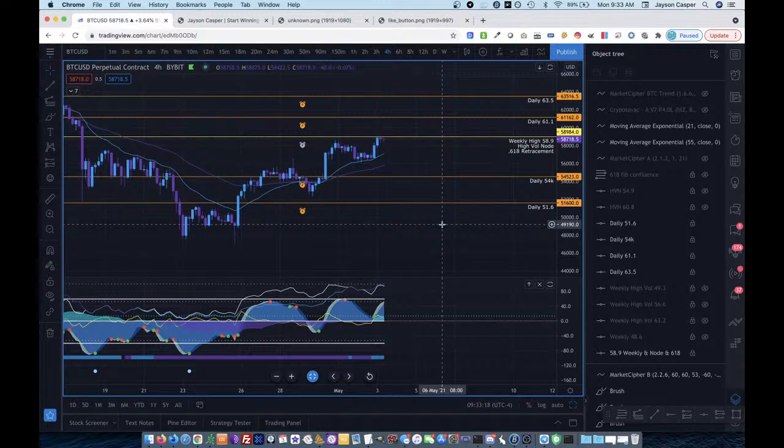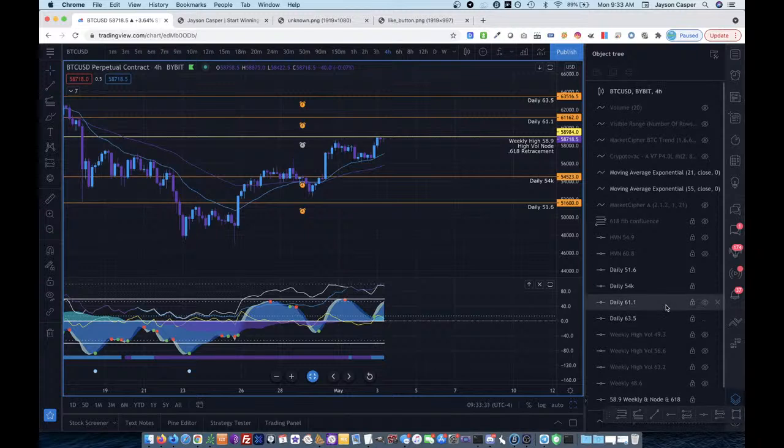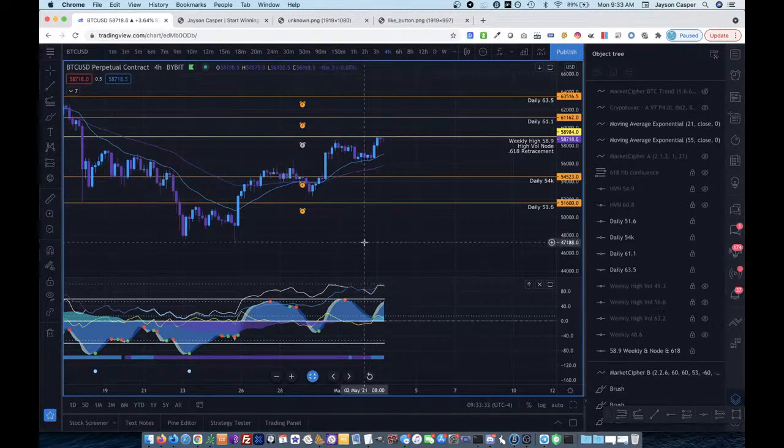But believe it or not, this level right here, this around $59,000 level, there's a lot of resistance right here.